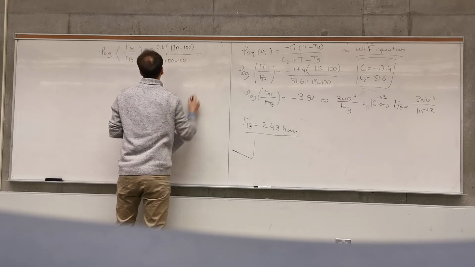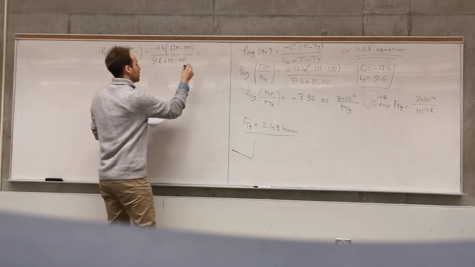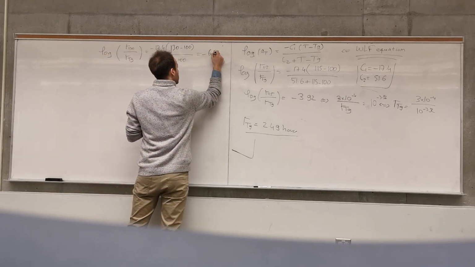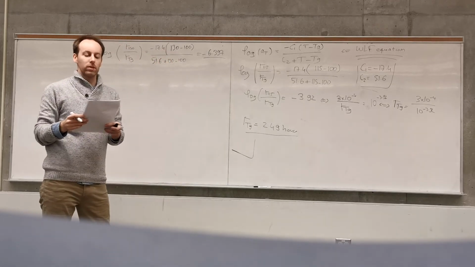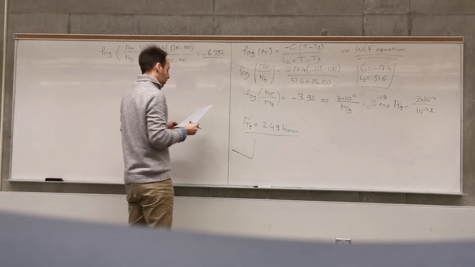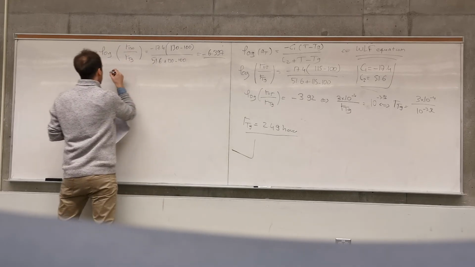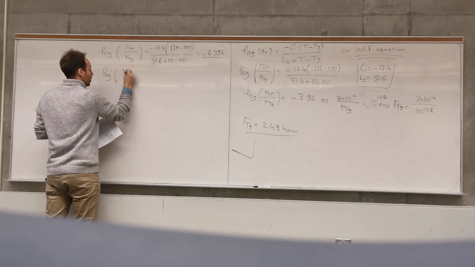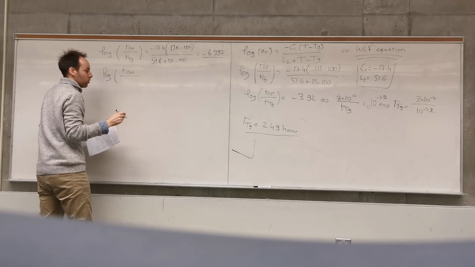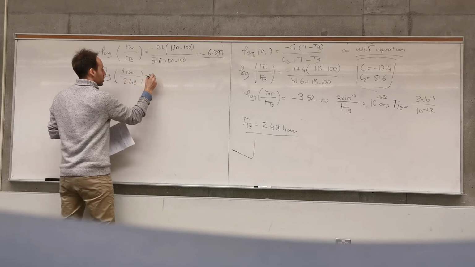Okay. So for which we obtain a value of minus 6.397. So now if you look at what we know, we get to the following expression.